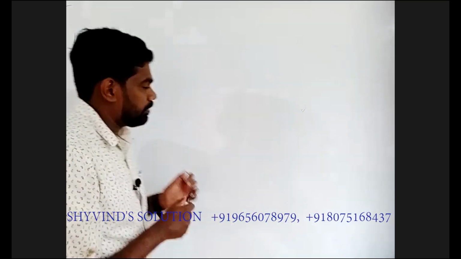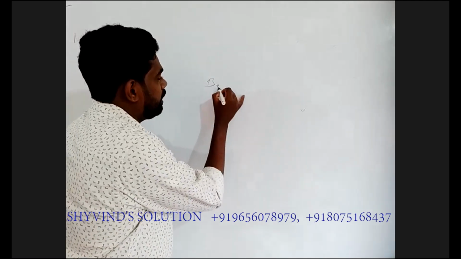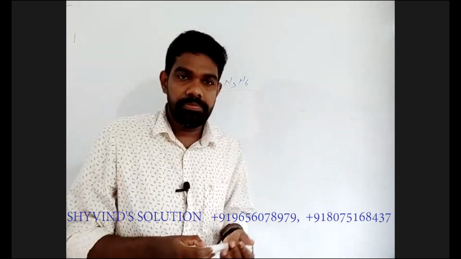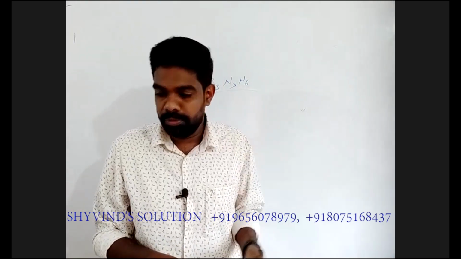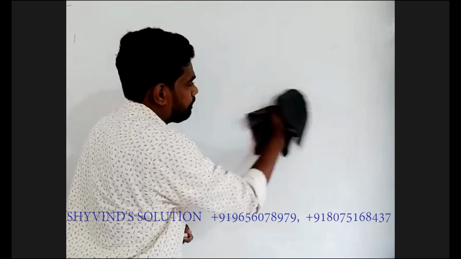The question is from this chapter. This is from the synthesis of borazine, B3N3H6. So this is from the synthesis and reactions of borazine. So let's look at how to solve this.